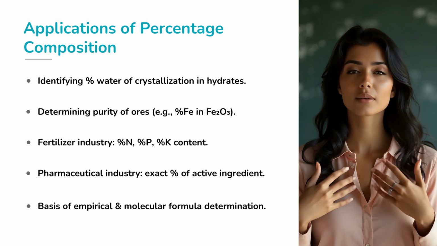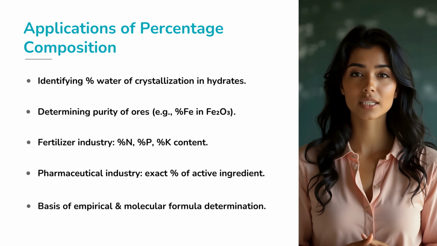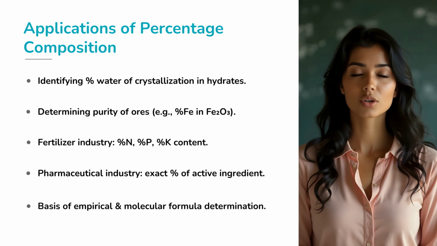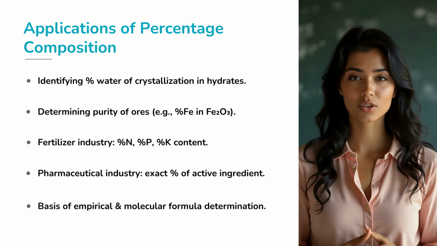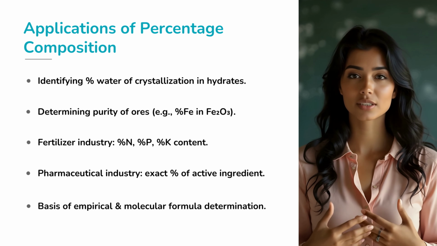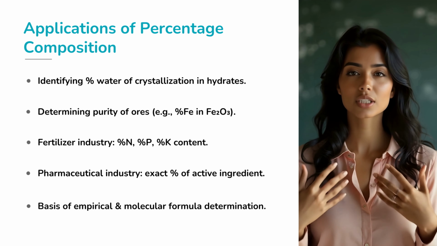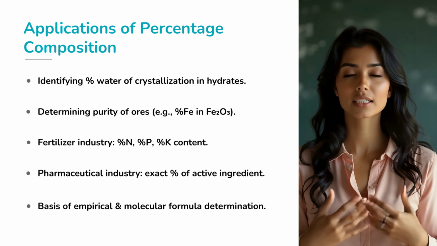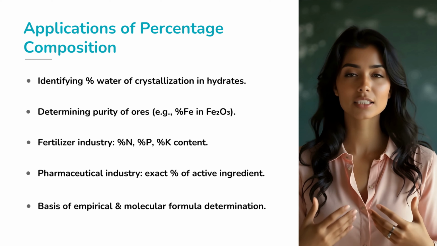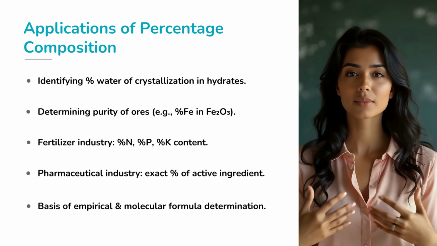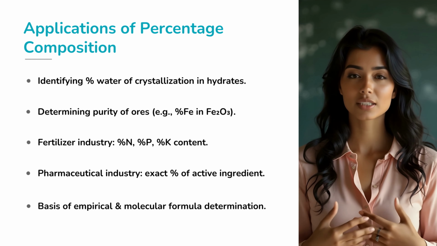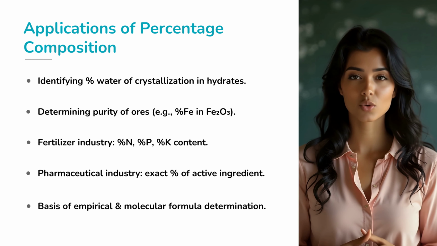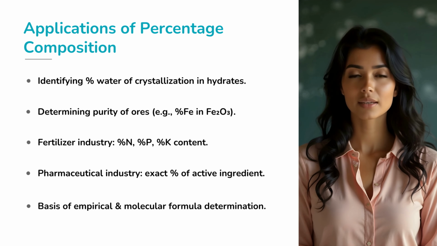In agriculture, fertilizers are labeled with NPK values, nitrogen, phosphorus, potassium, all calculated through percentage composition. And in pharmaceuticals, tablets are made with precise amounts of active drug balanced against fillers, again based on the same idea. So, from your laundry powder to your multivitamins, percentage composition quietly runs the world of chemistry.